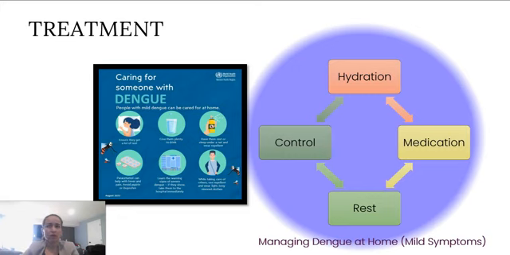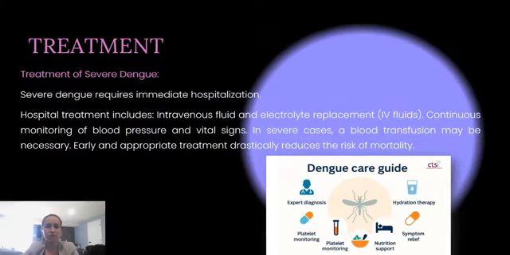Rest: observe absolute rest to allow the body to recover. Mosquito control: use repellent and mosquito nets during the febrile phase to avoid transmitting the virus to others. Avoid aspirin and ibuprofen, as they increase the risk of bleeding.